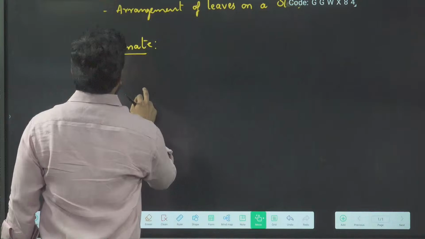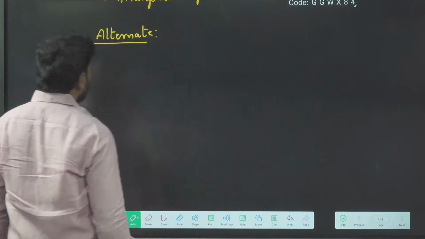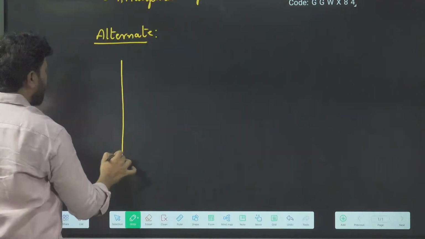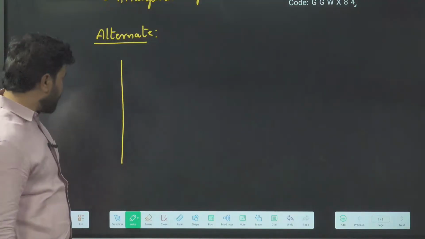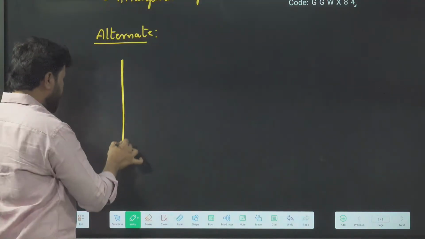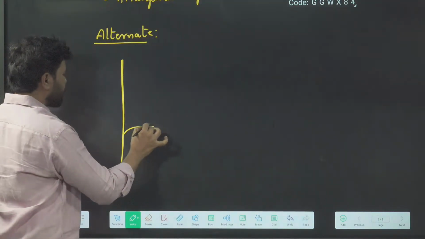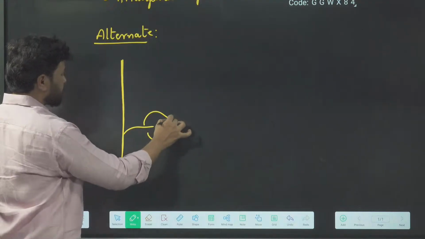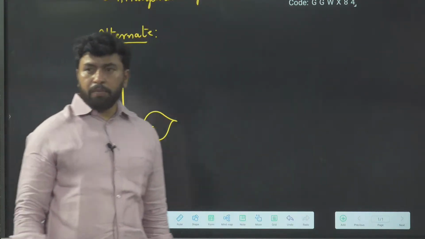Earlier, when we were talking about the origin of leaves, we said leaves always originate on the stem at a particular point called a node. Consider this. This is a leaf developed on a node.